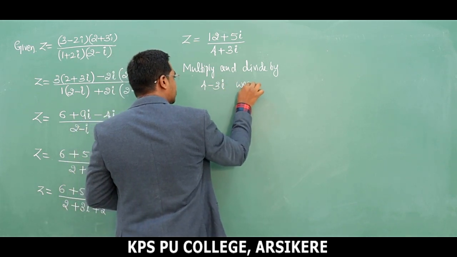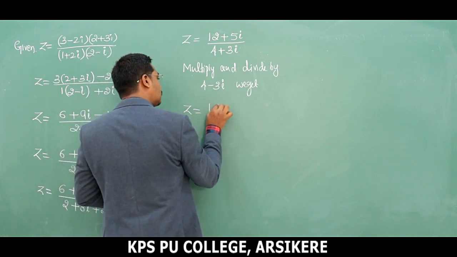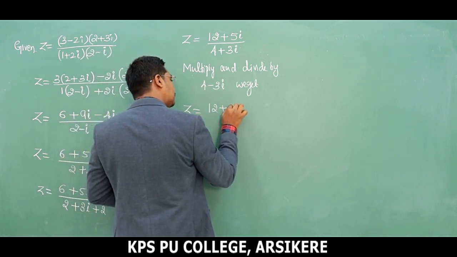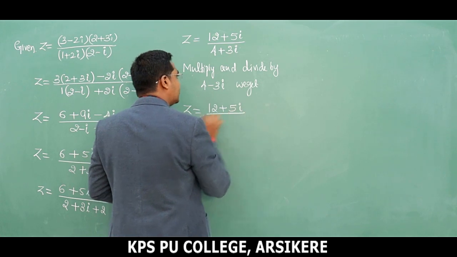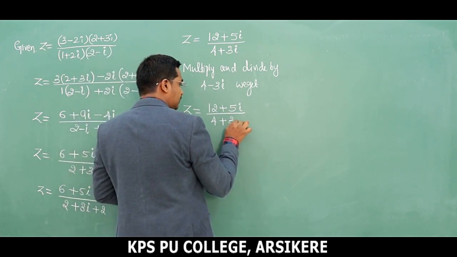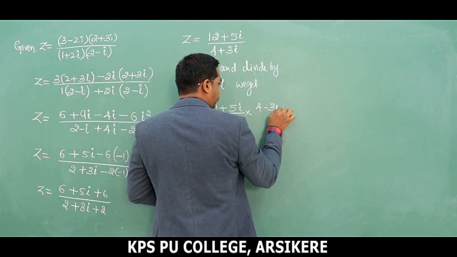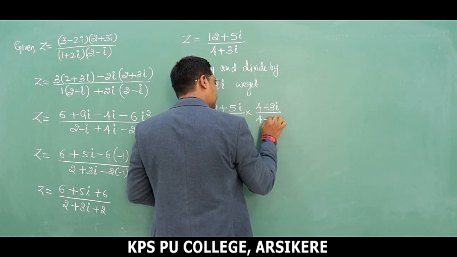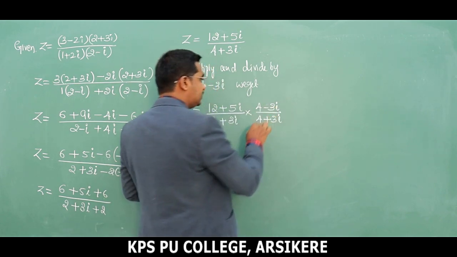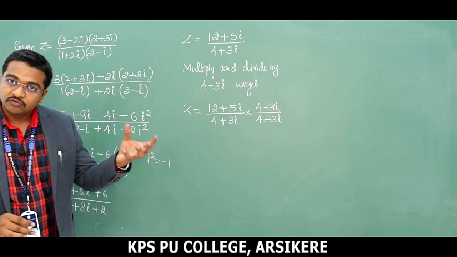We get z is equal to (12 plus 5i), write it as it is, over (4 plus 3i), multiplied by (4 minus 3i) and at the same time divided by (4 minus 3i).